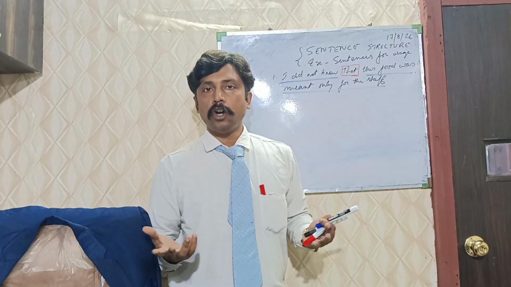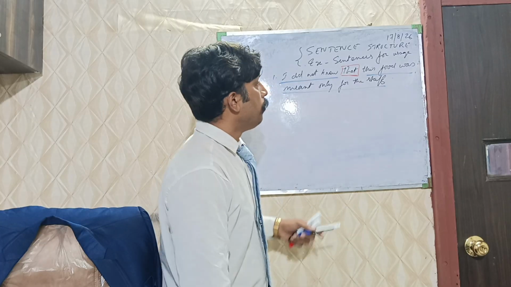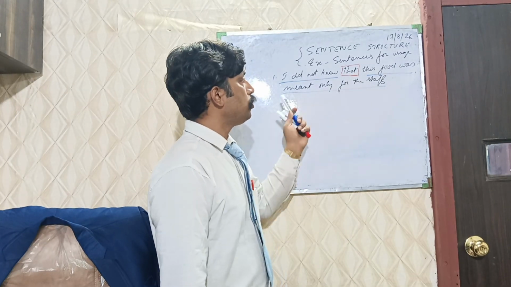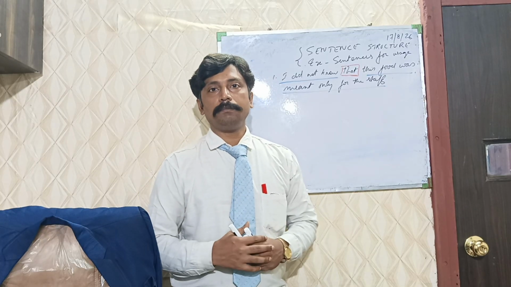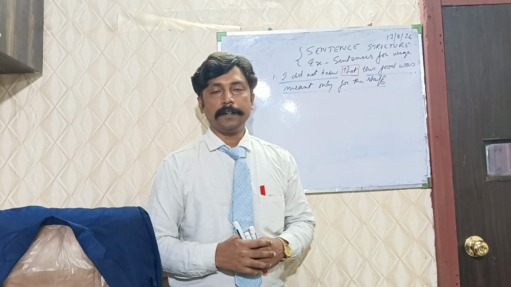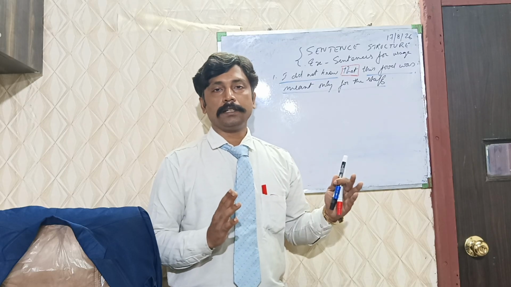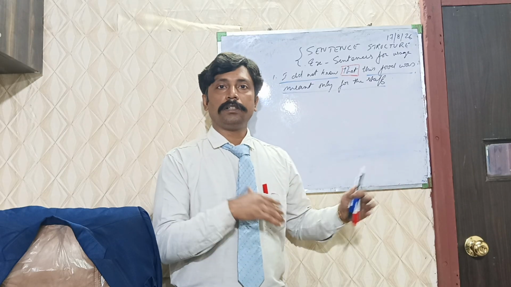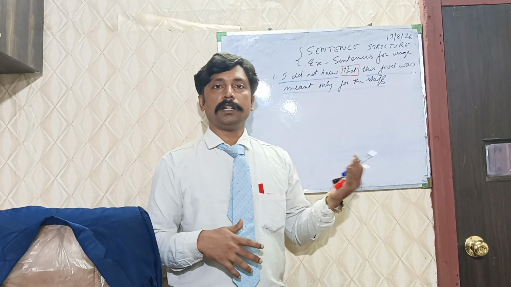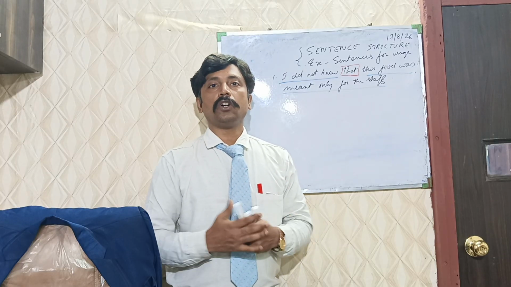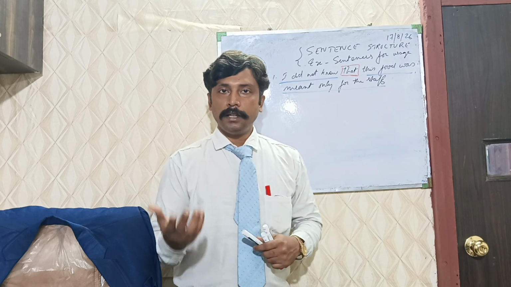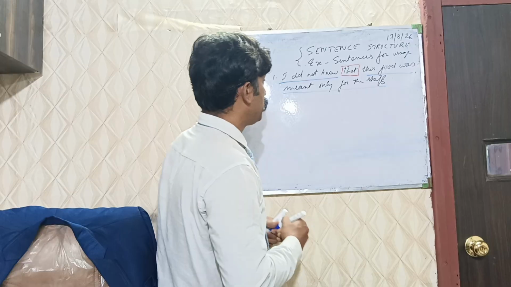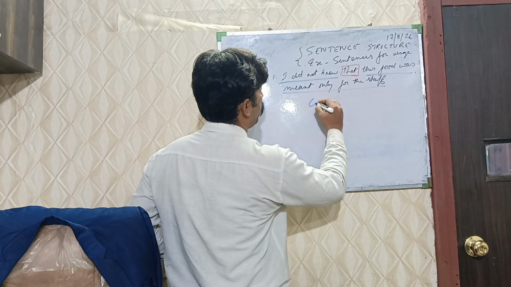You can say it to anyone, I did not know, for any matter. But if you want to say that this food was only for the staff, without the first part, the second part seems to be incomplete, right? So if the first part can be said without the second part and the second part cannot be said without the first part, this is called a complex sentence, because the second part is totally dependent on the first part of the sentence. So this type of sentence is called a complex sentence.